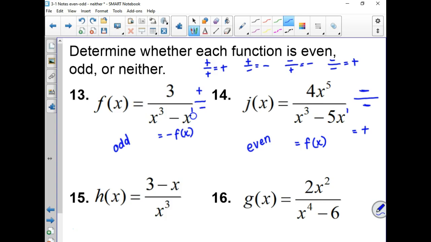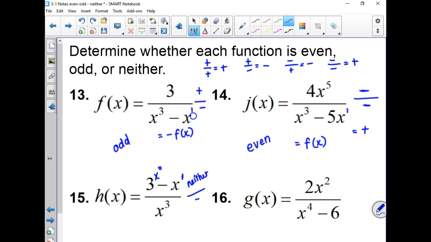The last two that we look at here, for number 15, we've got 3 minus x. Now, 3 is a coefficient. It doesn't have it written there, but it's like it's got an x to the 0 power. x has a coefficient of 1. So what we have here in the numerator, we have an even exponent and an odd exponent together, which means that the numerator here is neither.